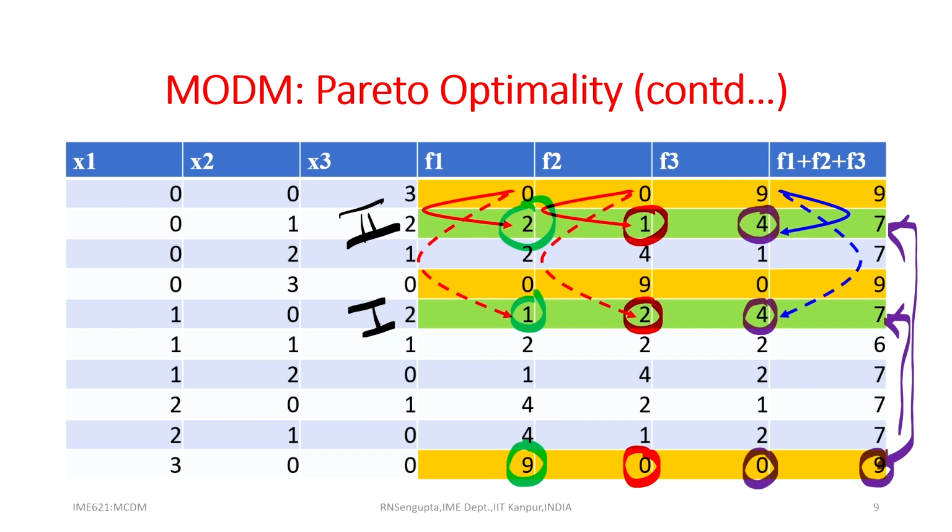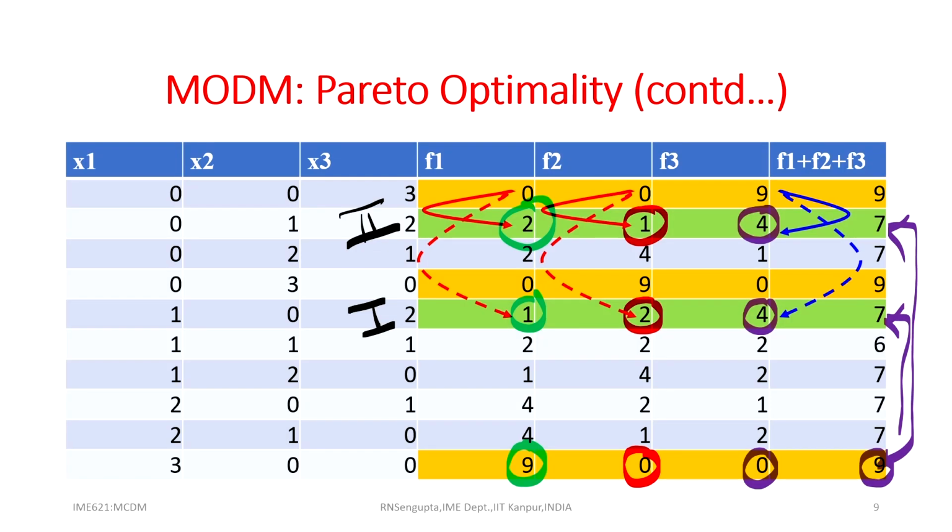But individually, if I see, F3 has increased from 0 to 4 in both the cases, case 1, case 2. F2 has increased in both the cases individually from 0 to 1 or 0 to 2, but F1, which was initially 9, has decreased in both the cases substantially to 2 or 1, such that the sum of F1, F2, F3 is being maintained at 7. So, in this case, where the sum of F1, F2, F3 is 7, it is Pareto optimal.